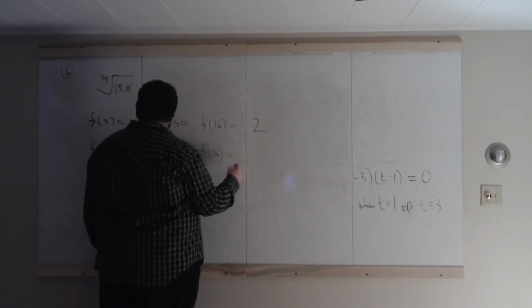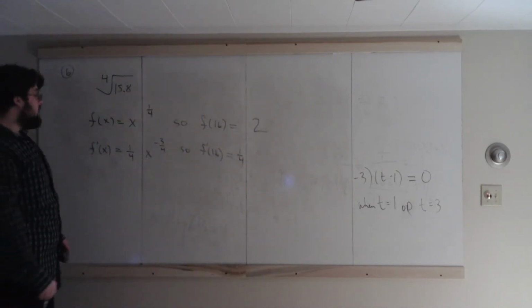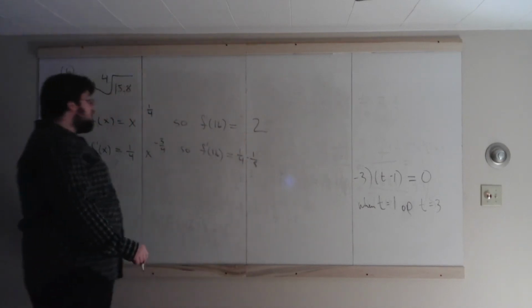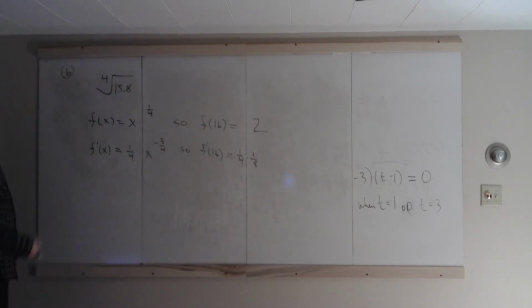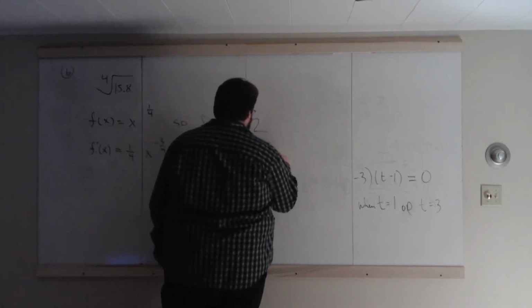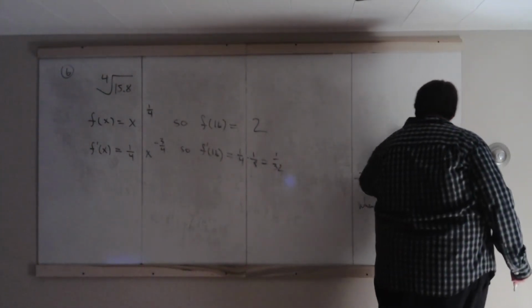F prime of 16 is what? 1/4 times 16 to the negative 3/4. It's an eighth, because the fourth root of 16 is 2, 2 cubed is 8, and the negative throws that 8 in the denominator. So we get 1/32.